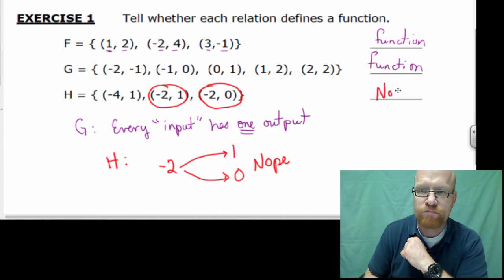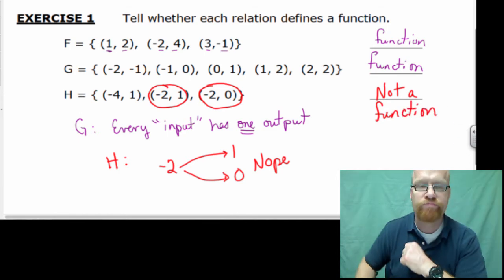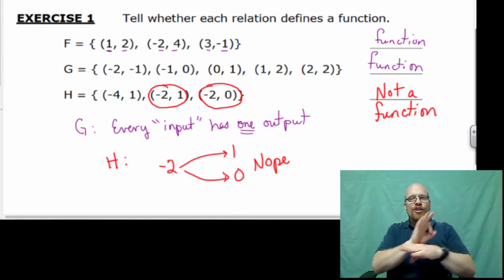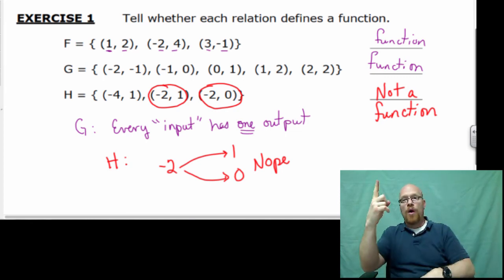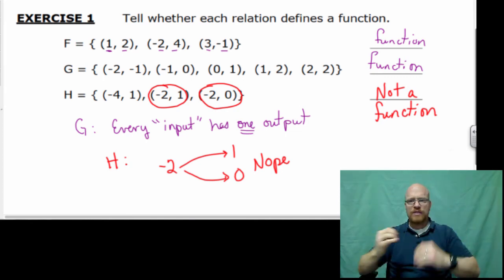Nope. That's not a function. -2 goes to 1, and then -2 goes to 0.